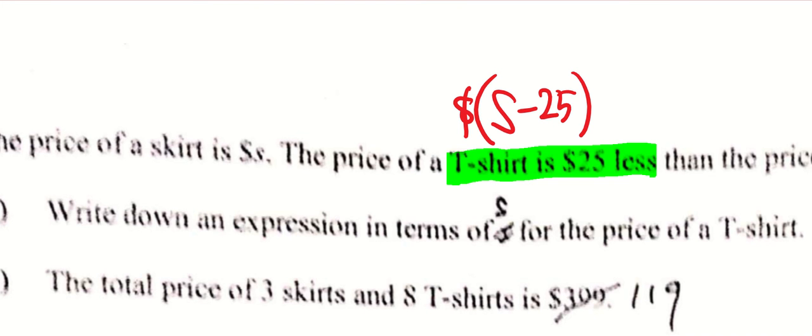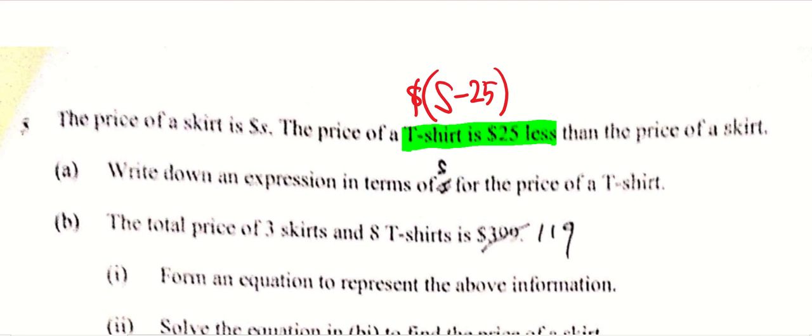Now, that's it. Write down an expression in terms of S. You see the word expression here, which means there is no equal sign. It's not equals to something. It's just an expression involving the letter S. Actually, we have it already. So we are done.